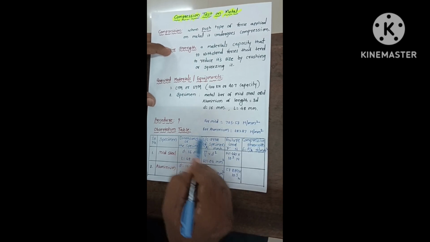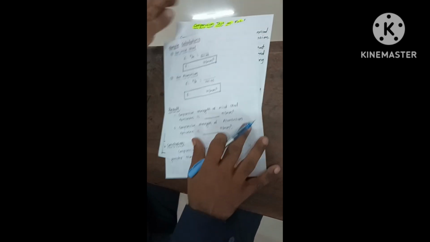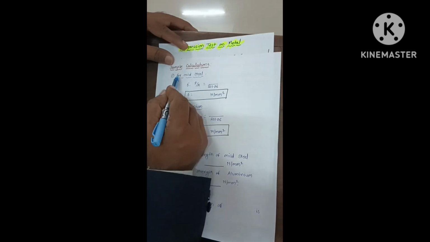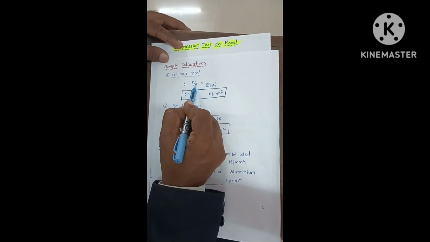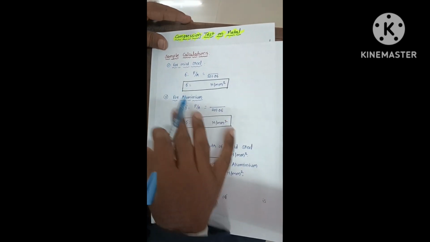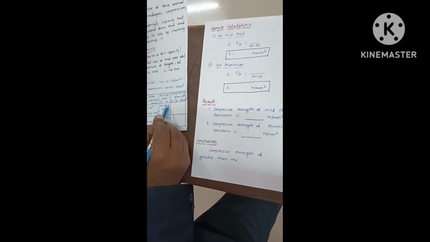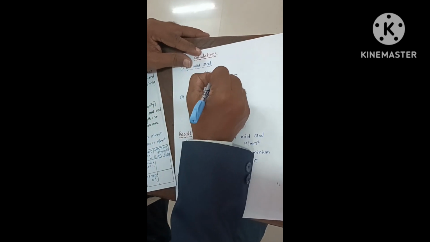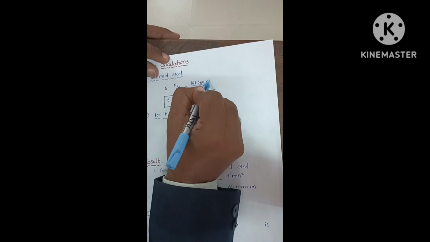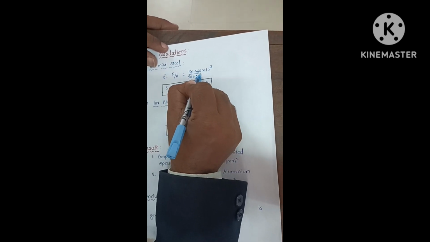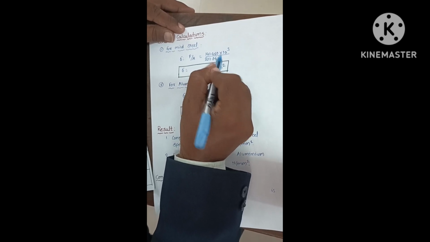Now we will check these same values by using the formula. Here we have taken mild steel. We know stress is nothing but force upon area. Here P is nothing but the failure load. For mild steel, we know the failure load is 141.460 into 10 raised to 3 Newton. We will write here 141.460 into 10 raised to 3 Newton, and area is 201.06 mm square.